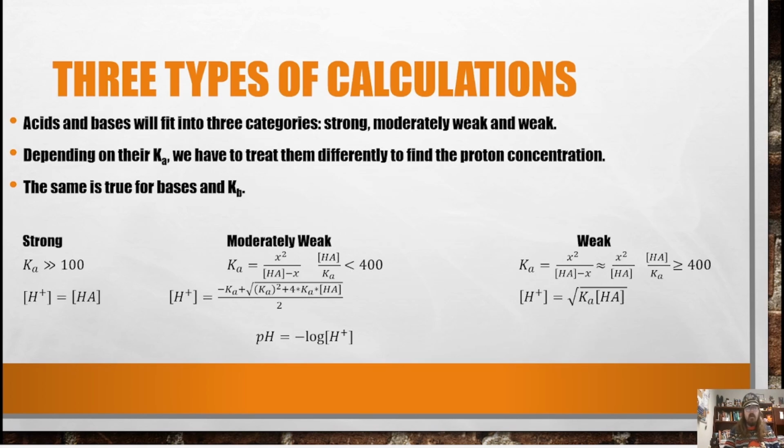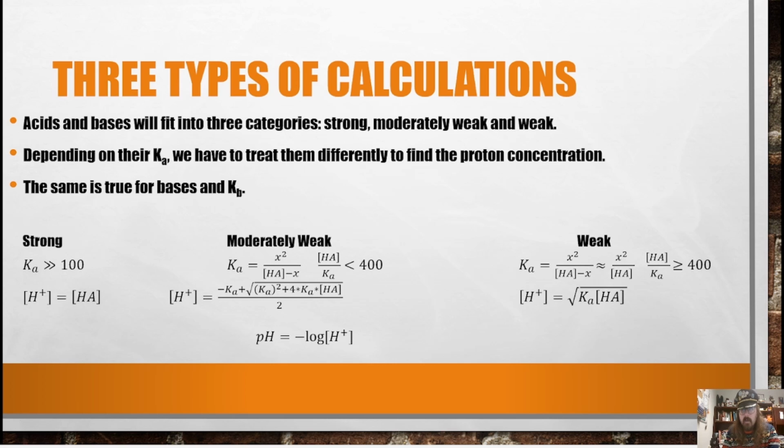Now, with that in mind, our acids and bases can be classified into 3 categories, which is how we're going to mathematically treat them. We could have very strong acids, very weak acids, or moderately weak. Very strong, the Ka is very big. We don't have to do a lot of calculations because the initial starting concentration of our acid will be equal to our H+.